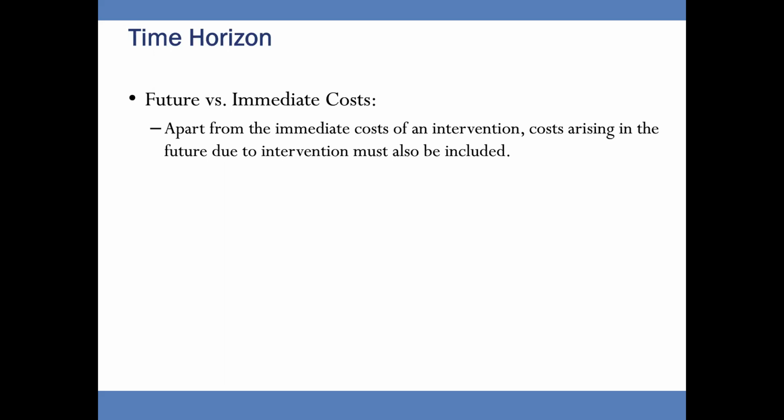So if you conduct your analysis and only account for the cost and benefit within just 1 year of the surgery, then you will never find bariatric surgery to be cost effective, right? So it's very important that you choose the right time horizon that can reasonably capture the cost and the benefits of your interventions over time.